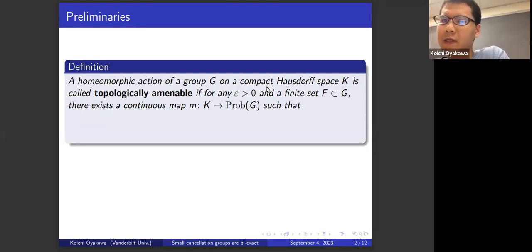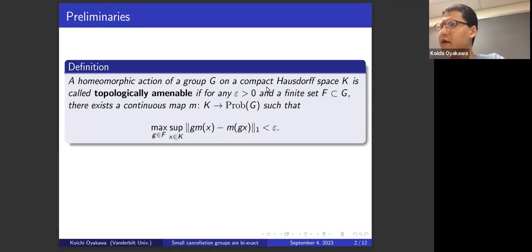This probability space of the group is identified as a subset of L1 of G, which is a Banach space. So these measures have L1 norms. And with that L1 norm, we can say the map is almost G-equivariant, meaning the inequality.